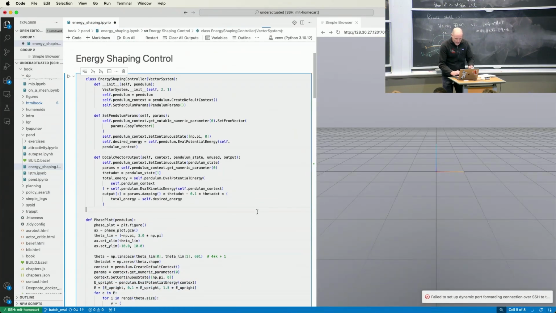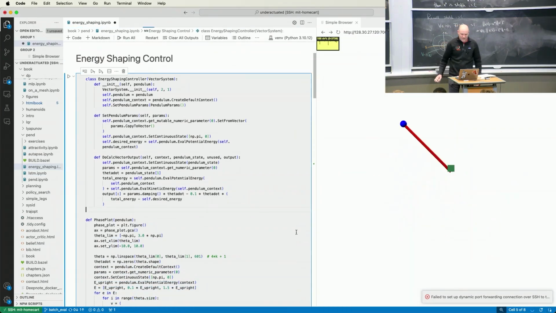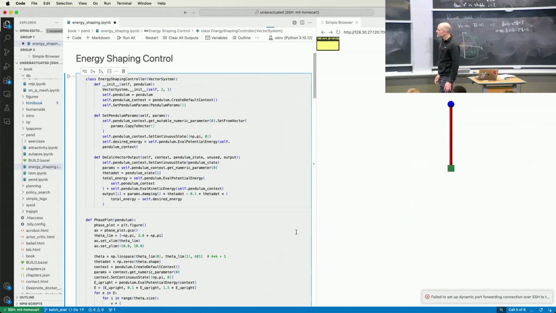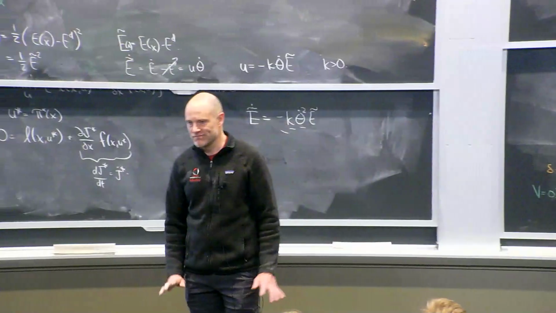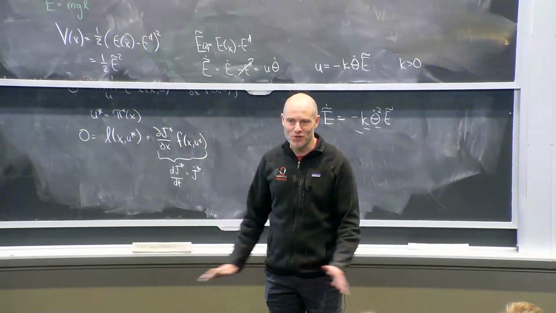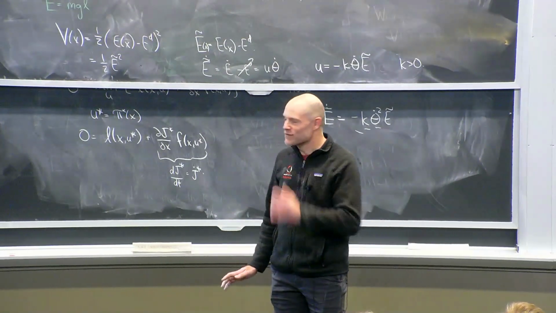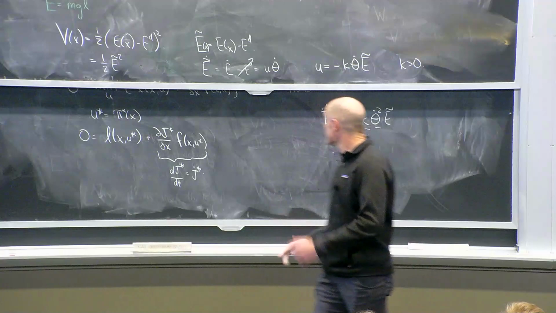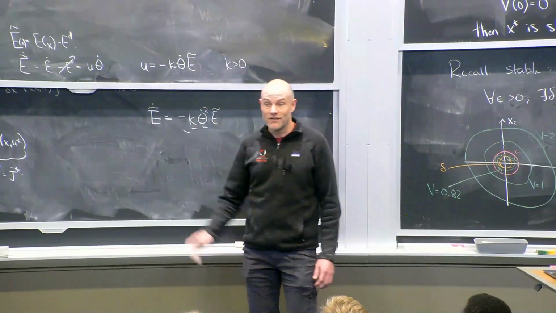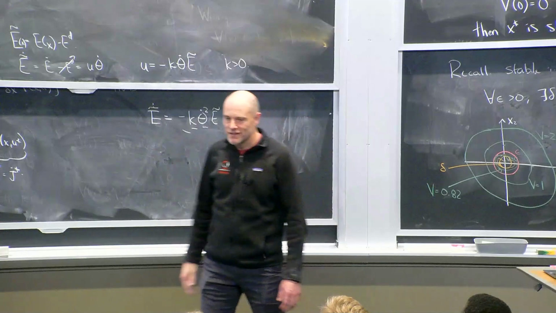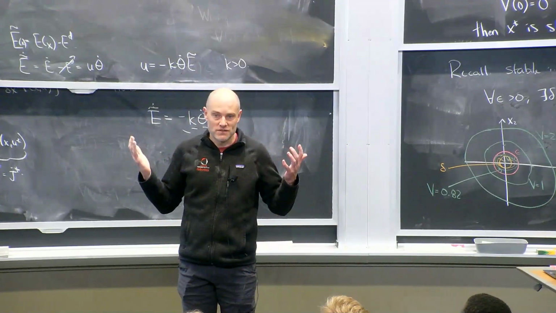There's no computation involved. It's beautiful. It turns out it's a robust controller. If I have the mass wrong by a lot, it still works. I didn't have to wait for value iteration to converge. This is my controller, and I have a proof that it gets to the top, and it's super simple and good.